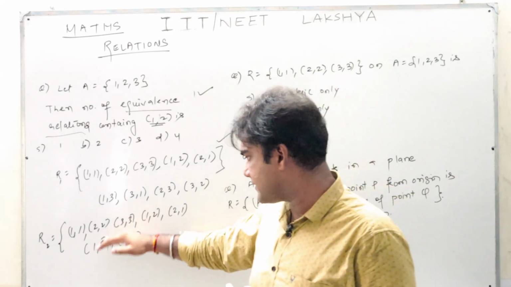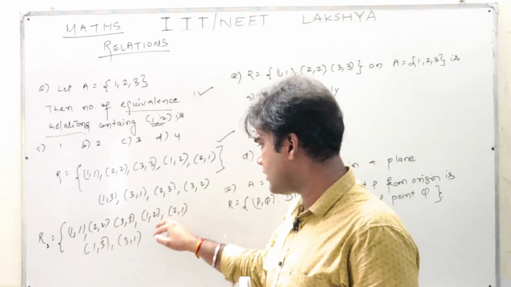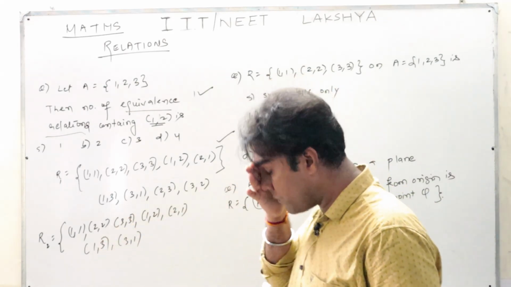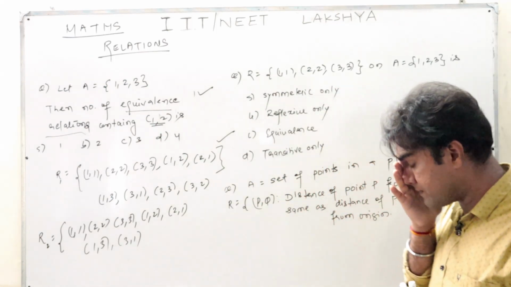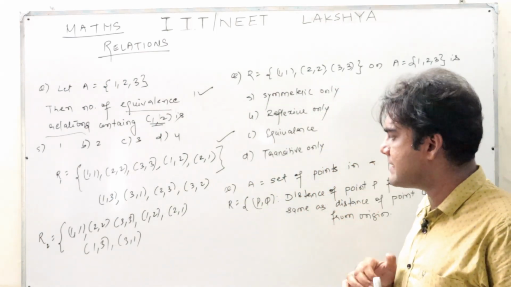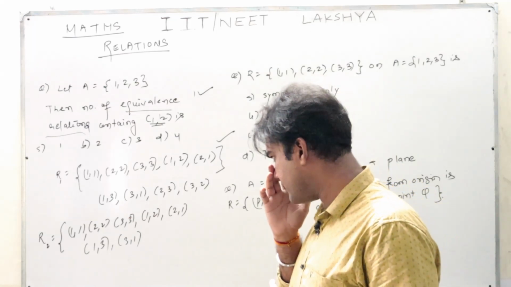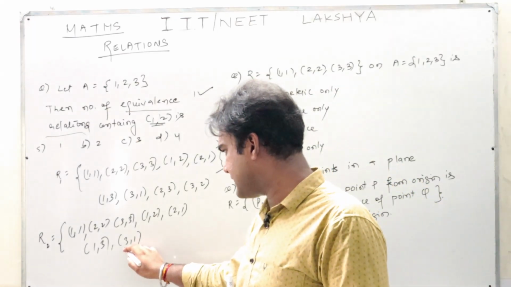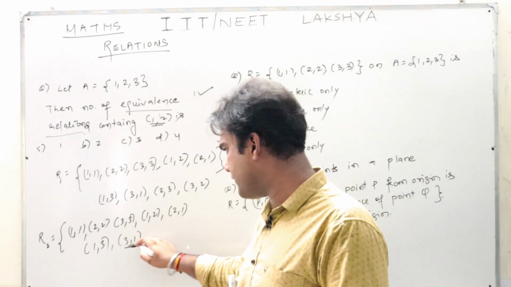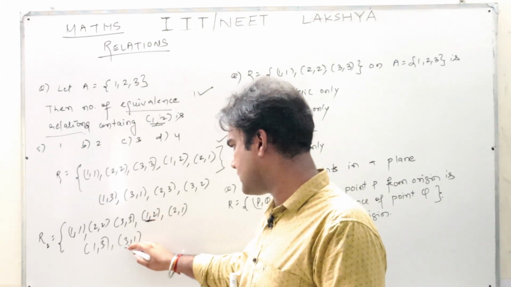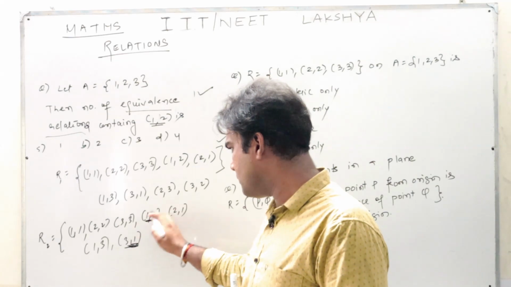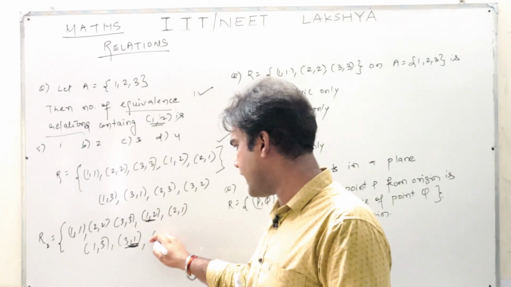It is reflexive, it is symmetric: (1,2) is there, (2,1) is there, (1,3) is there, (3,1) is there. Now we need to check whether it is transitive or not. If you see carefully, (3,1) is there, (1,2) is there, but where is (3,2)? (3,2) is not there. So I have to add (3,2).